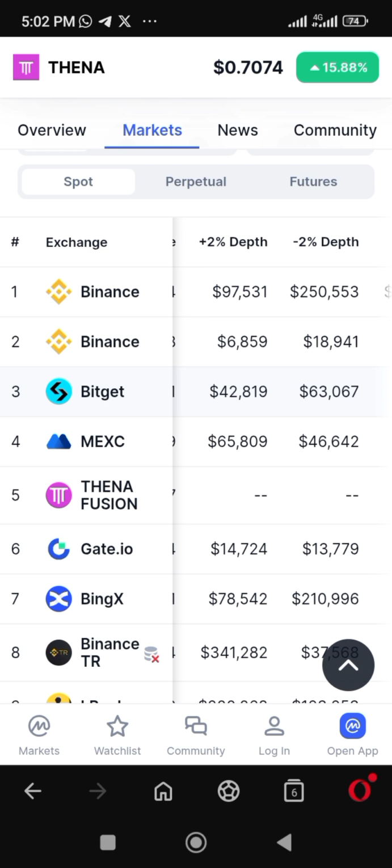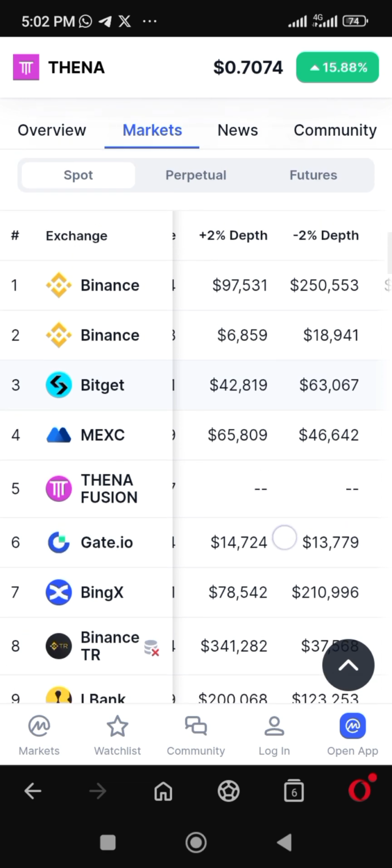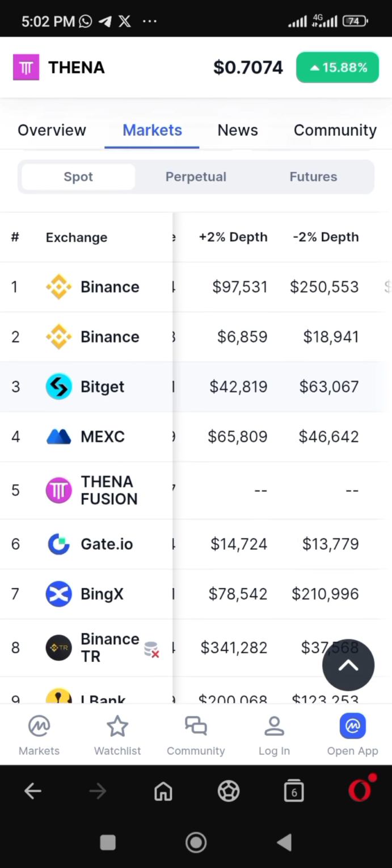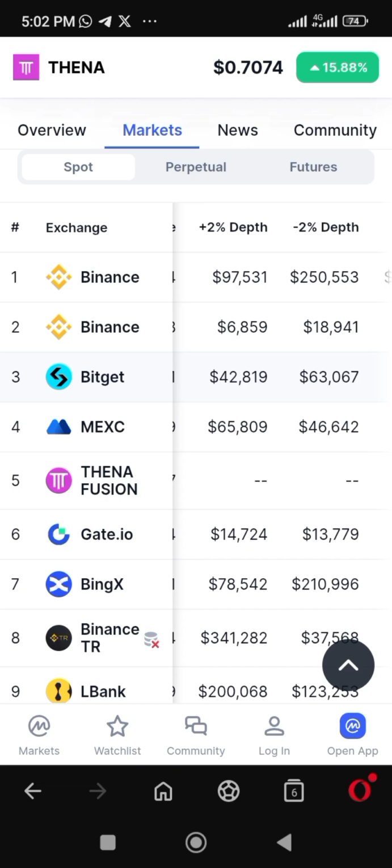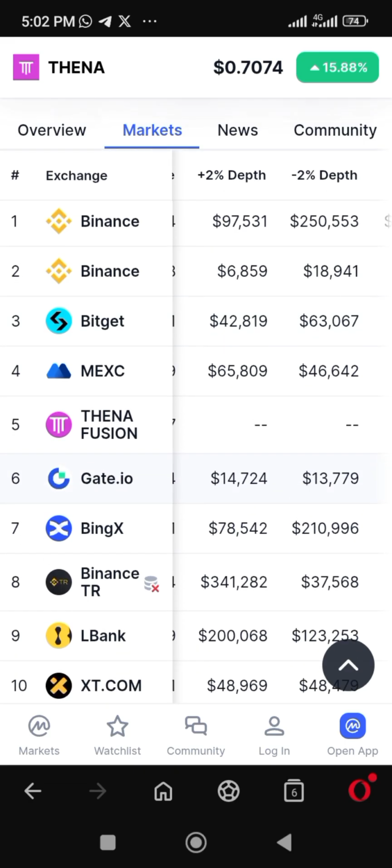This minus 2% depth actually means, number one, it represents the total value of buy orders placed within 2% below the current market price. Number two, it indicates how much demand exists near the current price.